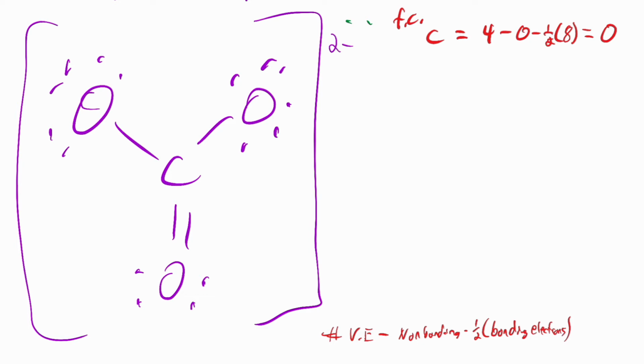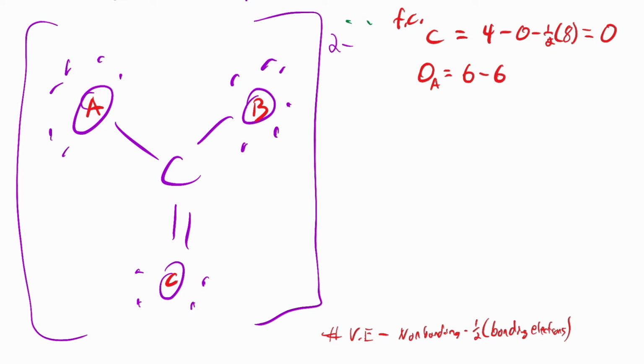Now I'm going to label the oxygens A, B, and C so we know which one is which and can do the charge on each one of them. So this first oxygen, let's say this is oxygen A. Oxygen starts out with 6 valence electrons. We looked that up on the periodic table. Now we subtract the number of non-bonding electrons: 2, 4, 6 non-bonding electrons.